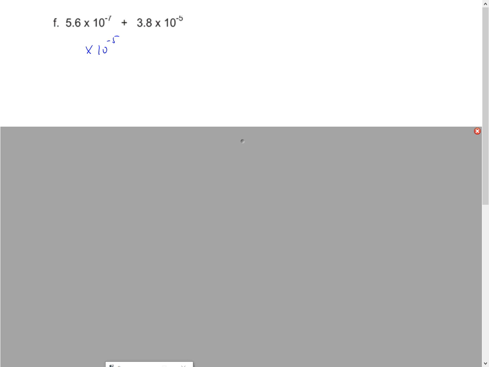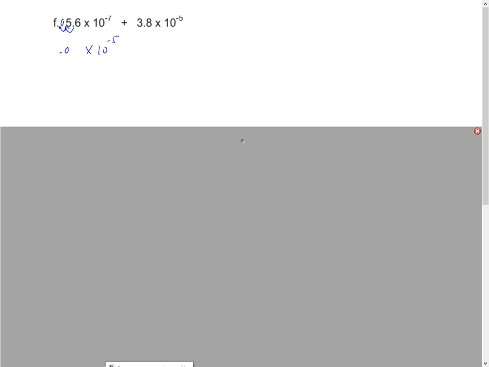So if we made the power bigger, we have to make the front smaller, by how many places? 2. Can you make the front smaller by 2 places? Yeah, just move the decimal point 2 places to the left. You got to use a 0 placeholder and move it 2.